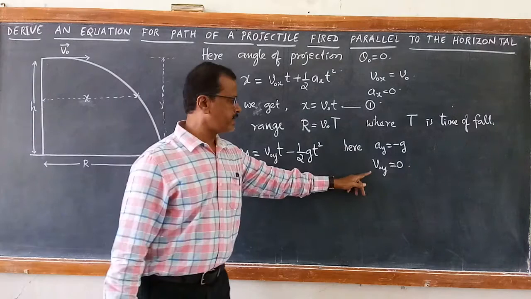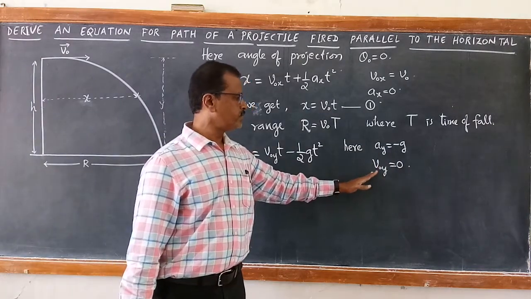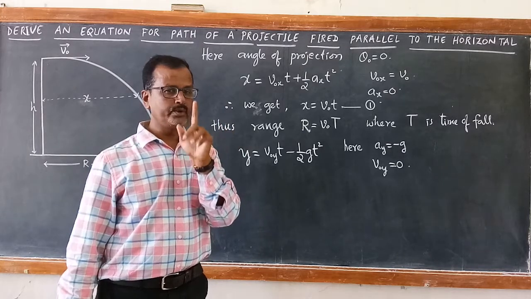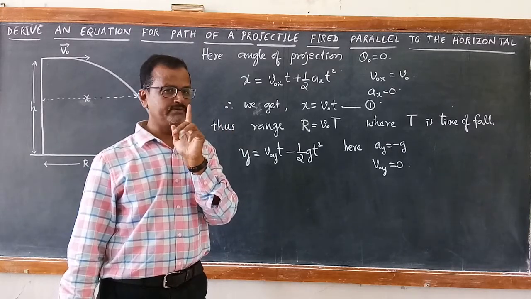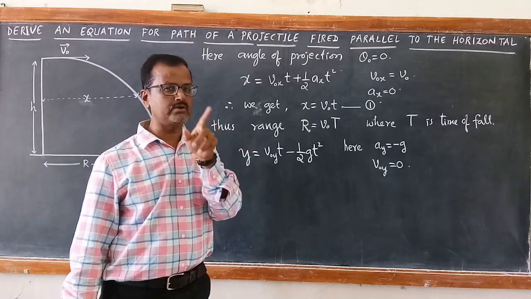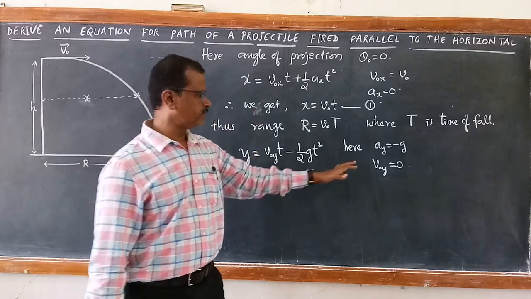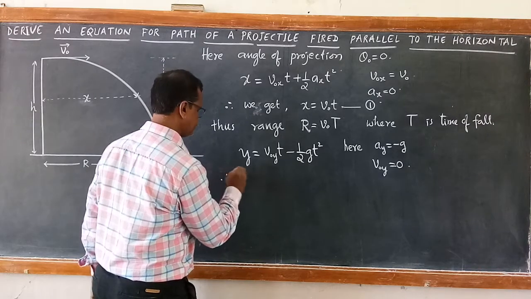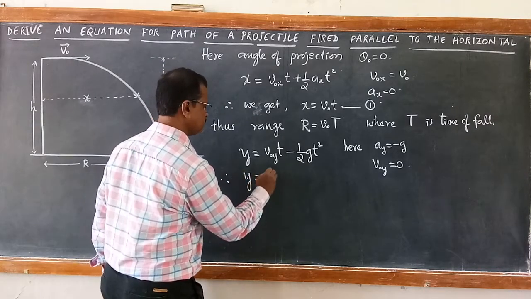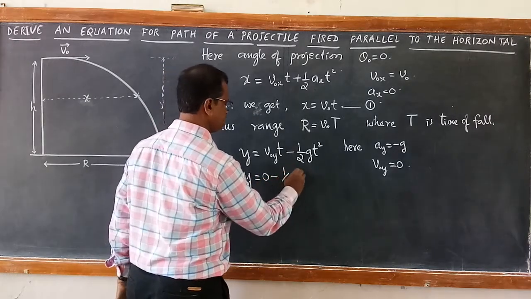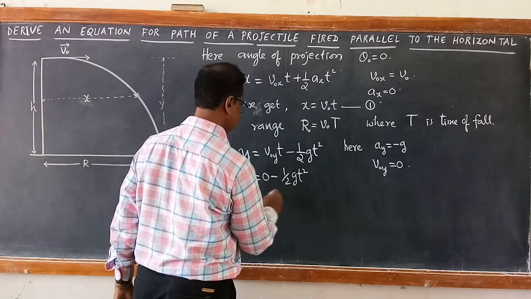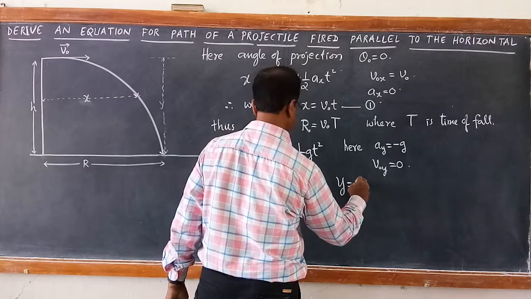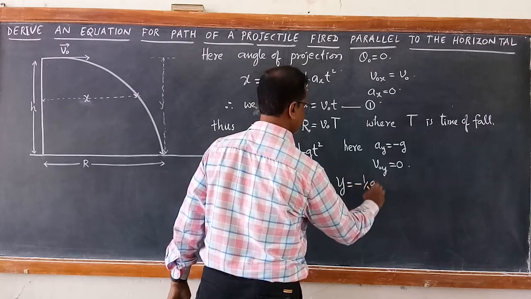Why? We know that v naught y is v naught into sin theta naught. So if theta naught is 0, then v naught into sin 0 becomes 0. Therefore, v naught y is 0. Thus, y becomes 0 minus half g t square. That implies y is equal to minus half g t square.